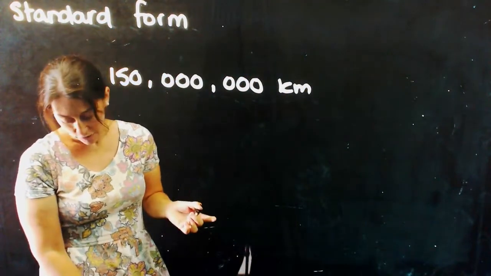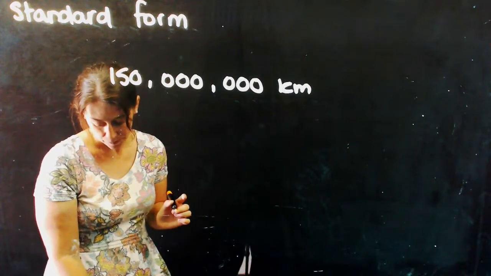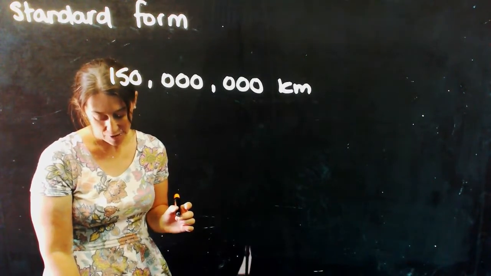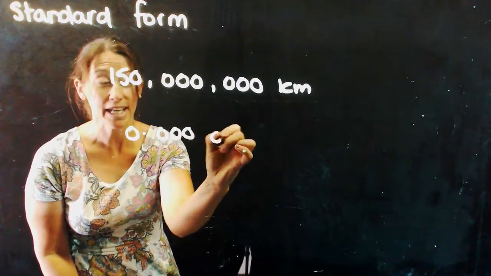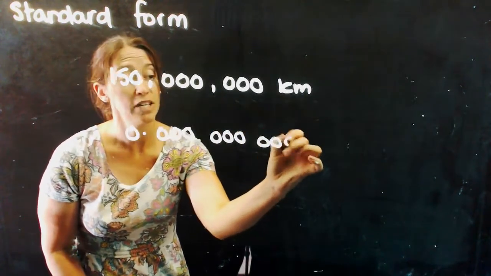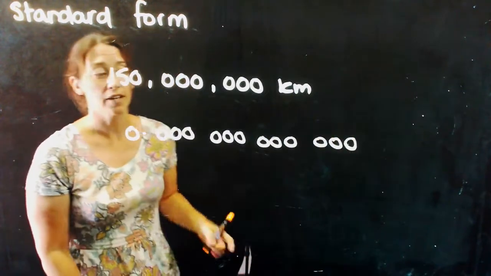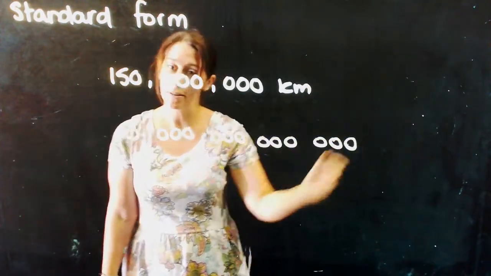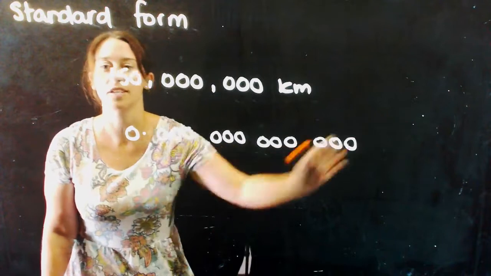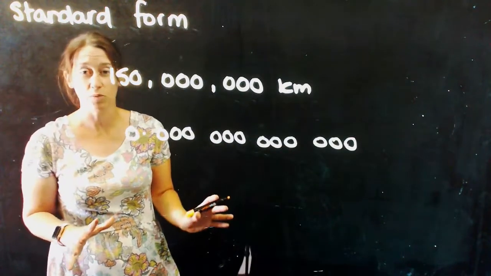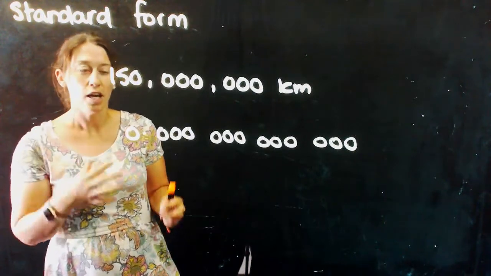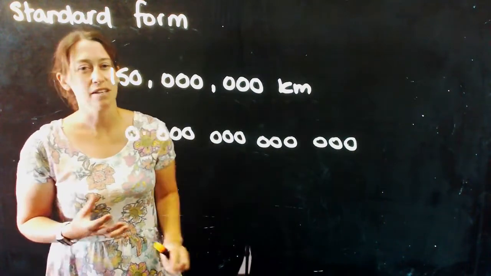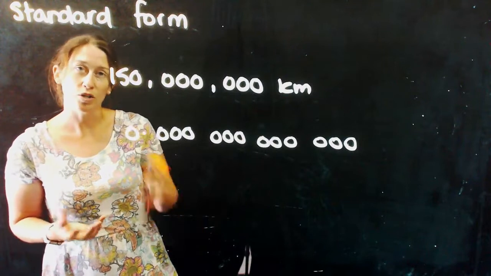The mass of an oxygen atom is approximately 0.000, it keeps going, there are so many zeros, and then right on the end a point and a 26, 026. It's a very small number. So these are examples of why it is useful for us to write in a more appropriate way. Writing all these zeros is mundane, so that's why we use standard form.